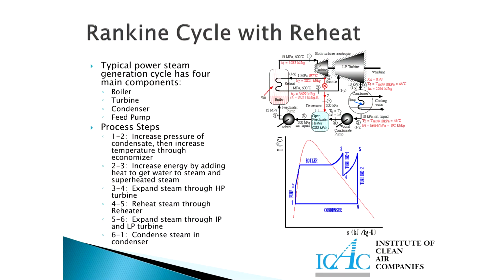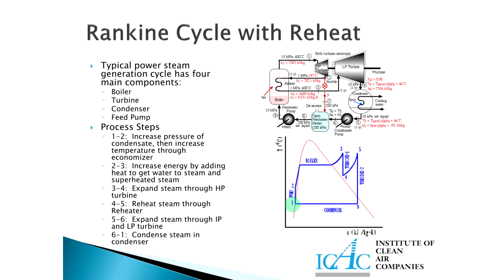So how does the process work? You have several steps in this diagram, and it's called the Rankine cycle, where the first step is to increase the pressure of the water to the operating pressure, the 2,500 psi. So you get some increase in temperature, and then you get more increase in temperature by running it through what is called the economizer inside the boiler.